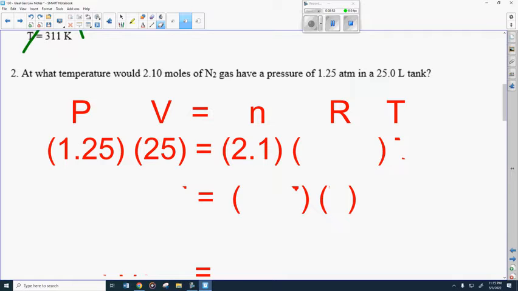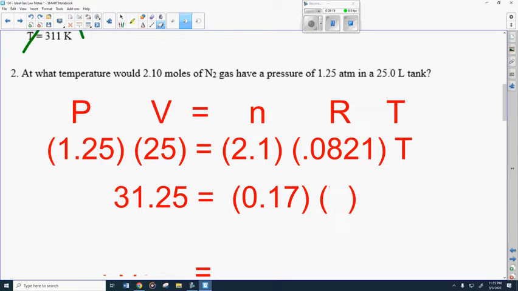My R will always be the same. It is 0.0821. And that just leaves the T, which is what the problem's asking for, so I don't know what that is, so I'll just leave it as a T. As I go ahead and simplify through, 1.25 times 25 is equal to 31.25. 2.1 times 0.0821 is 0.17.